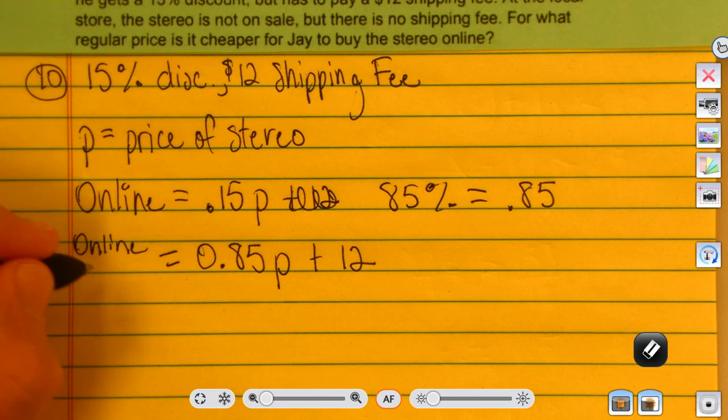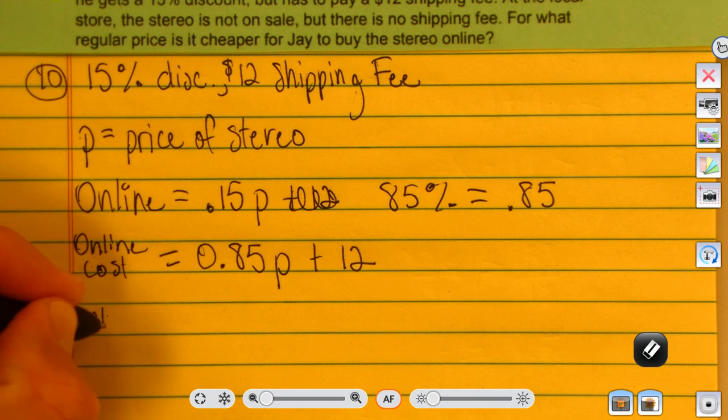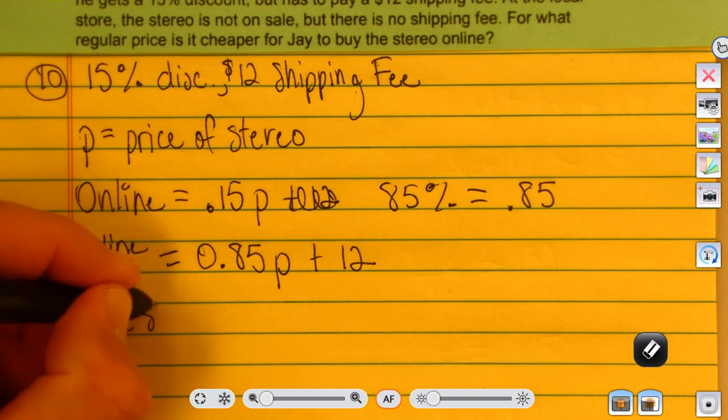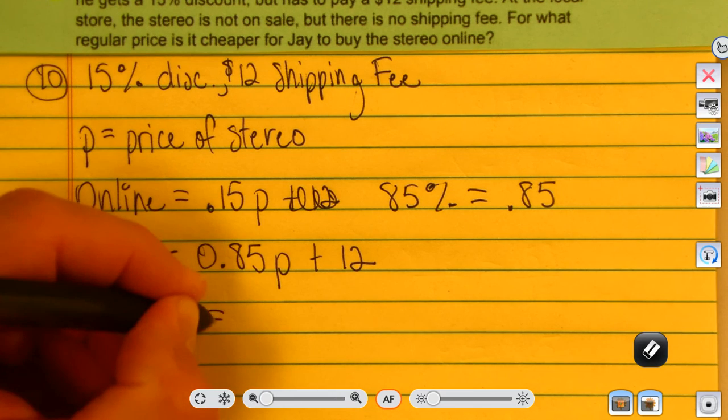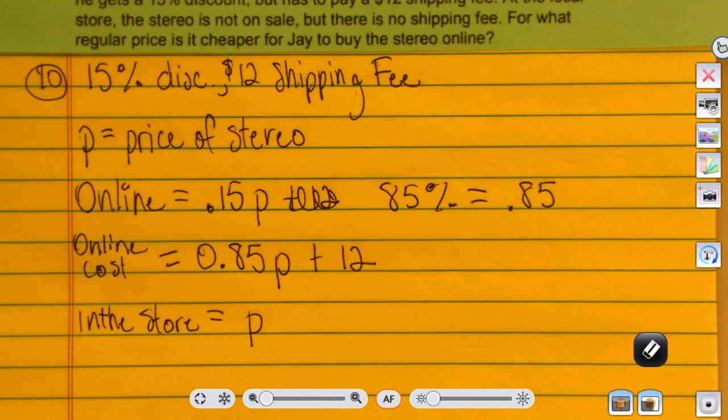And we know in the store, it's just the cost, P. So what we're trying to find here is for what regular price is it cheaper to buy online than it is to buy in the store.